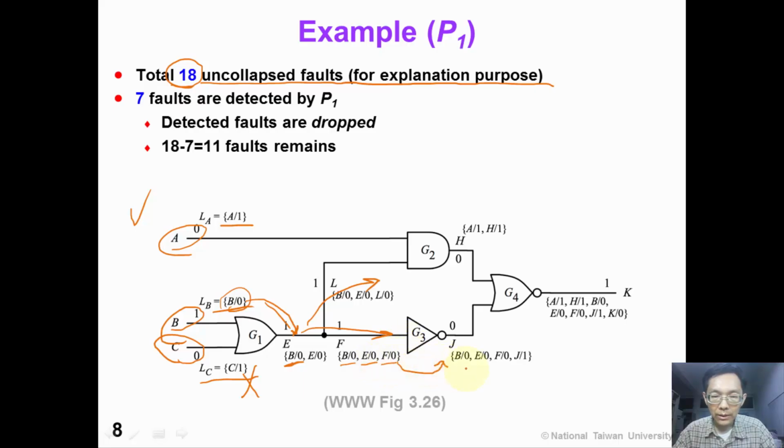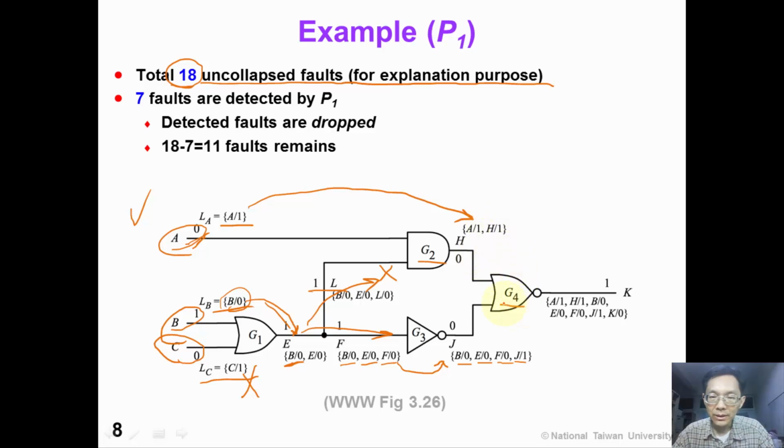And then we propagate this through the inverter G3, so now we have 4 faults at the output of J. And for the AND gate G2, because A is a controlling value 0, L is non-controlling value 1, the fault list LA is propagated to the output H. But the fault list of L is not propagated.